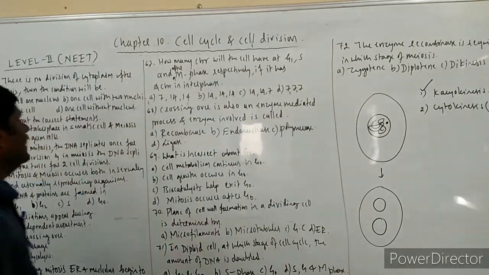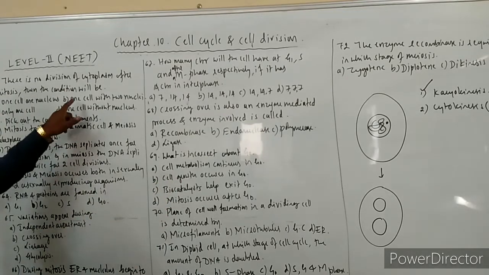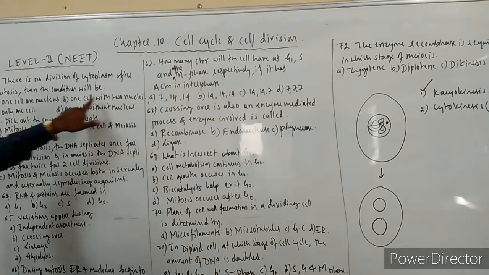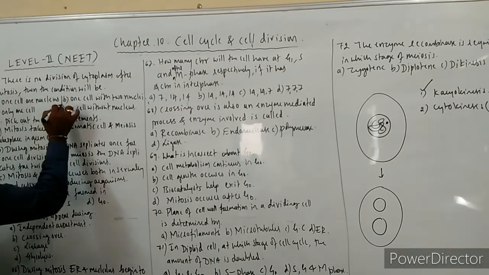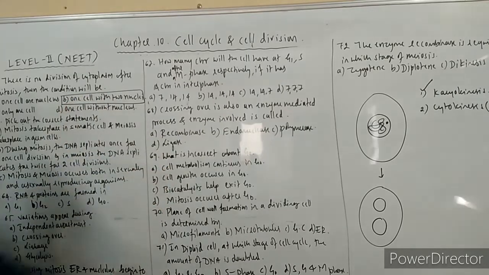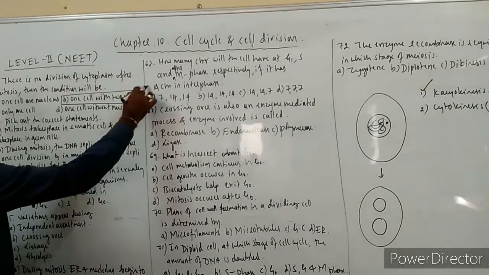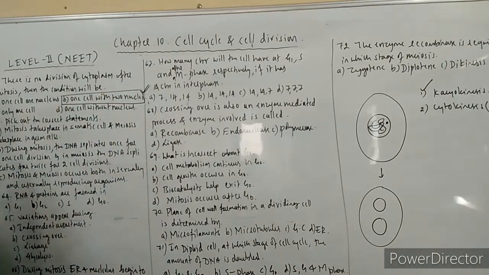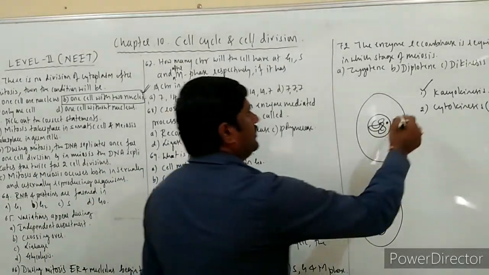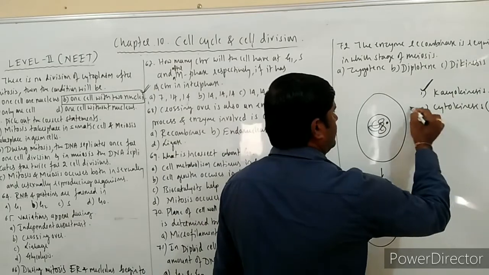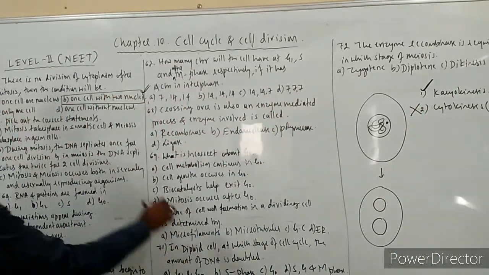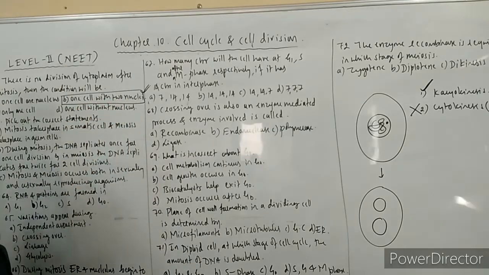So what will be the condition? One cell with two nuclei. Only one cell is there, but two nuclei. If a cell undergoes only karyokinesis, not cytokinesis, the correct answer is one cell with two nuclei.